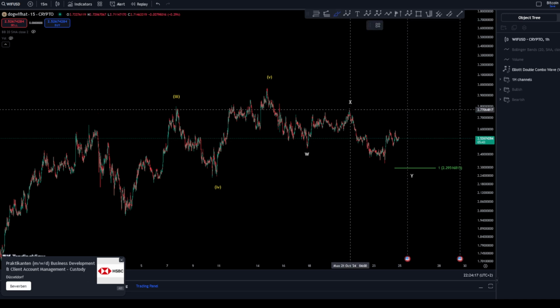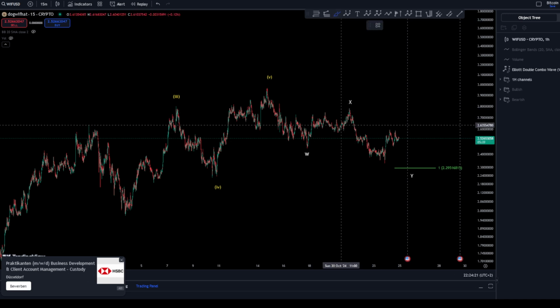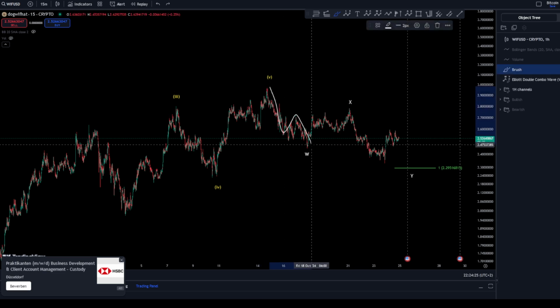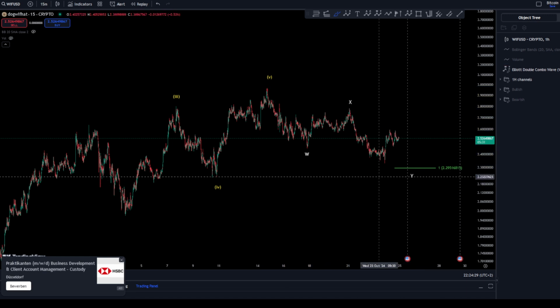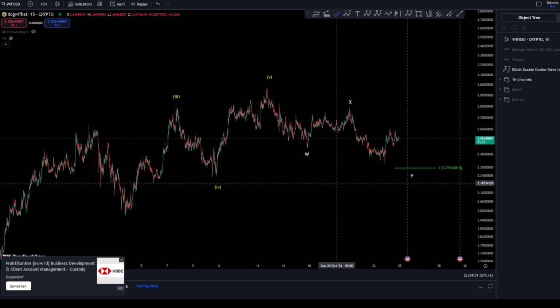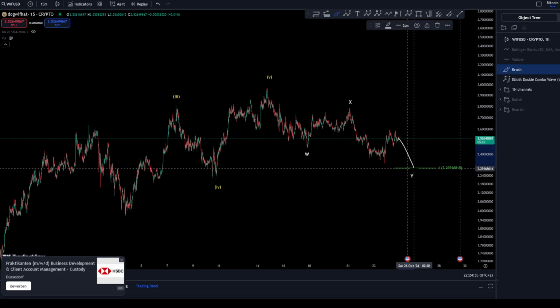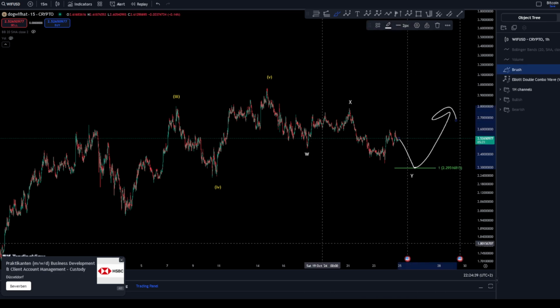It has to be WXY, because we have a zigzag here, then a flat, and then we're looking at another zigzag. Definitely WXY looking for lower prices. However, if we are still corrective, then continuation towards the upside.